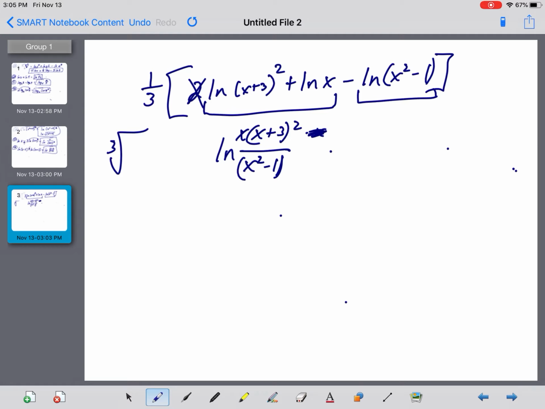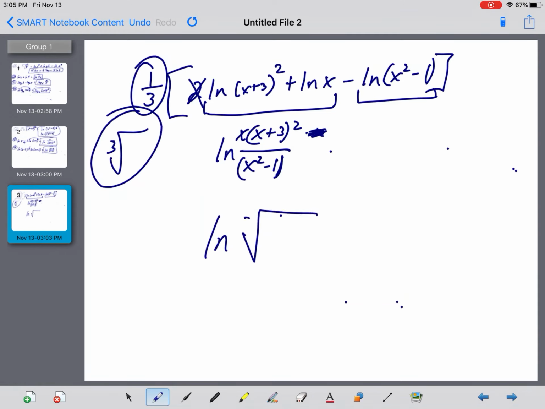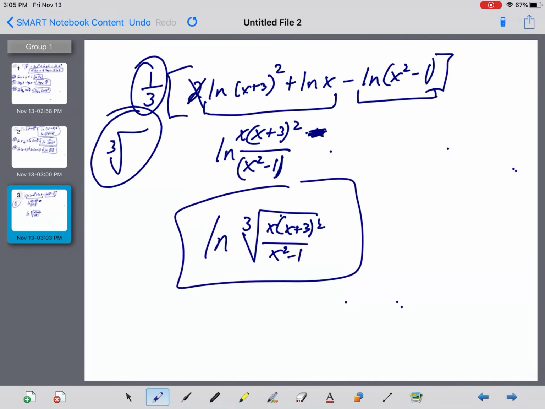I guess I maybe don't need those parentheses. But that's all the stuff in the brackets stuck back together. And then this 1/3 that we have right here, which is really cube root, is going to be the natural log of the cube root of x times x plus 3 squared over x squared minus 1. And that's it.